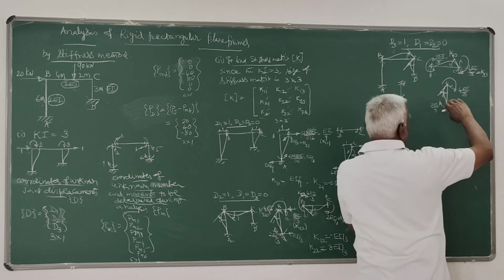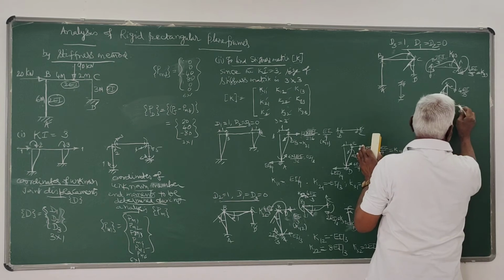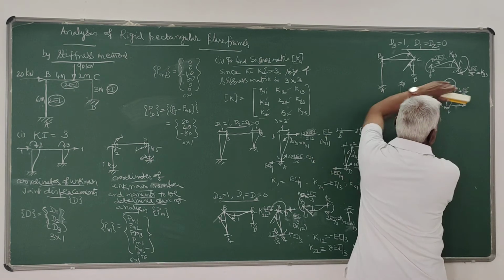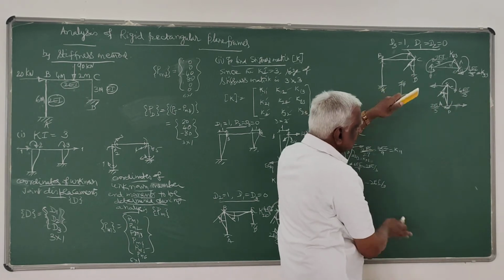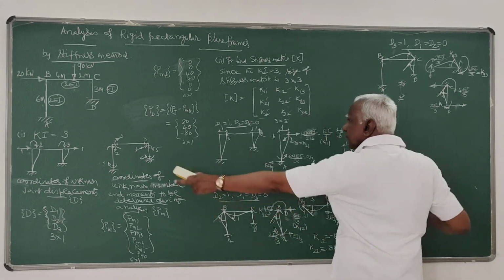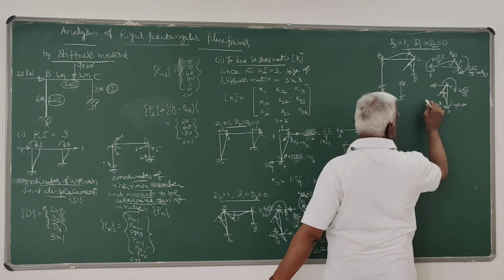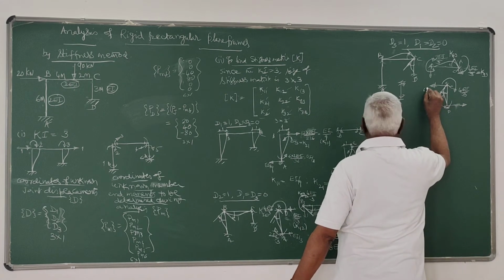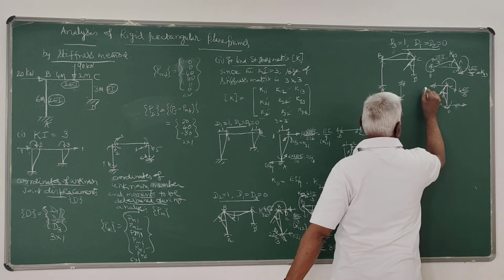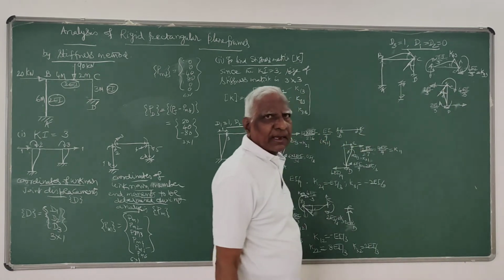To keep this in equilibrium, this gives a clockwise movement, and here it should be anti-clockwise. This force will give anti-clockwise movement, and this is also required because it corresponds to direction 1 here. This force is 6EI by L squared, L squared is 9, so 6EI by 9 means 2EI by 3. Here also it is 2EI by 3.